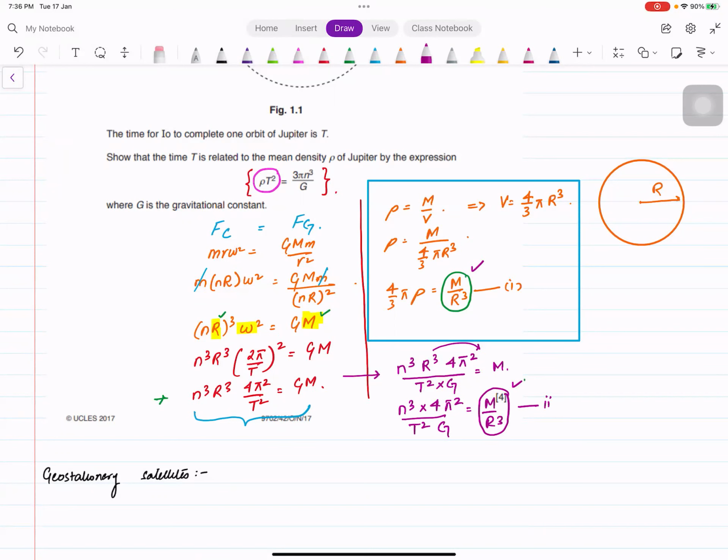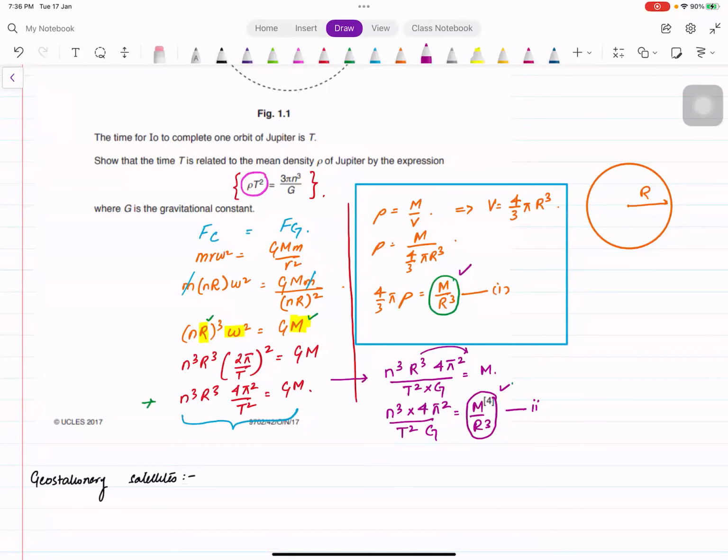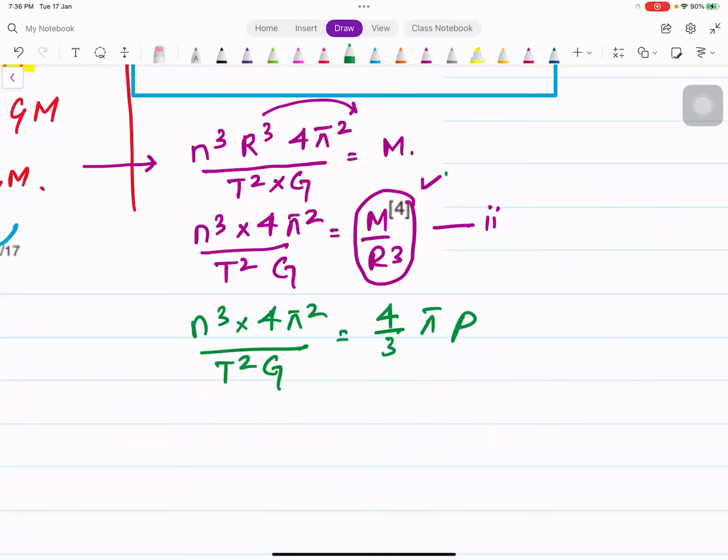So when you put it back, it's going to be r cubed times 4 pi squared over T squared G equals 4 over 3 pi. Then check this out. You can cancel 4 with 4. You can cancel 1 pi with 1 pi, right? Yeah.